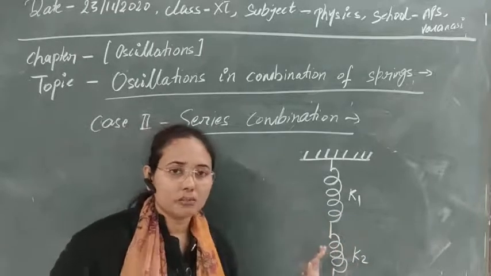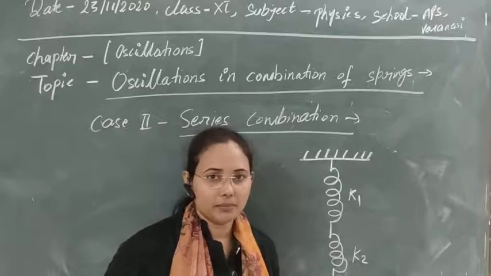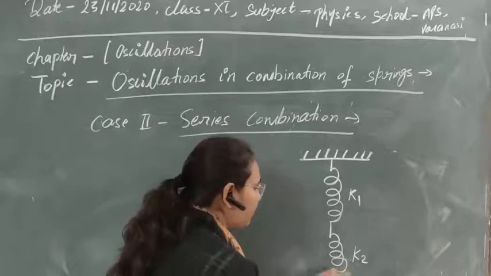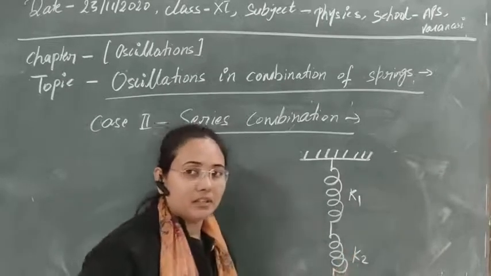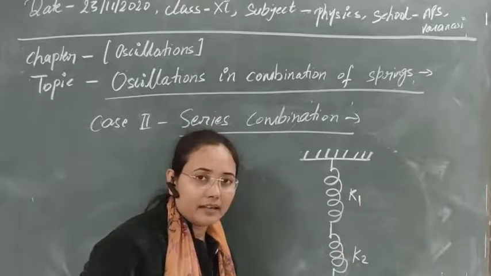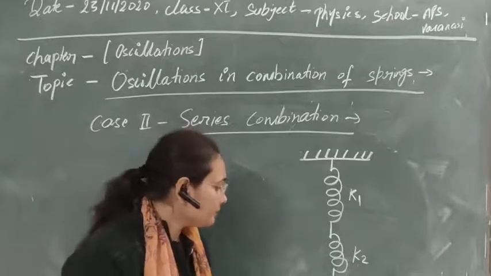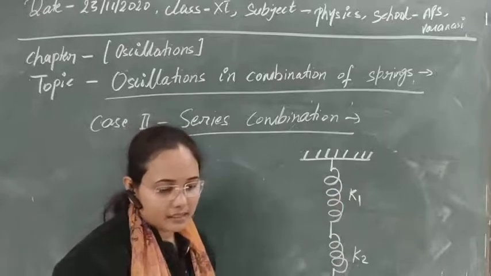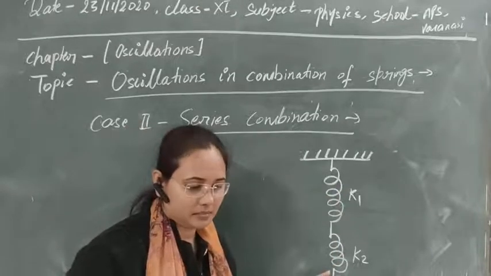So in series combination, at that time no oscillations will be produced. But when we attach a mass m to this system, its weight acts in the downward direction, and due to this weight some extension is produced in the system. Clear?